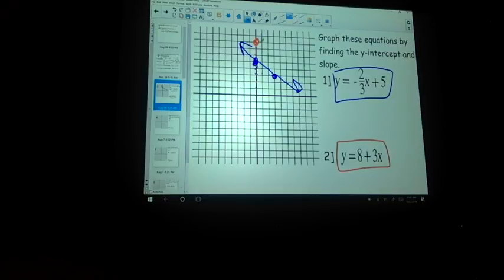I ran out of room going up, so I can go down 3 and left 1. If I go down and left, that's negative over negative. Last time you checked, negative over negative was positive. So this one is decreasing because you have a negative slope. This one is increasing because you have a positive slope.